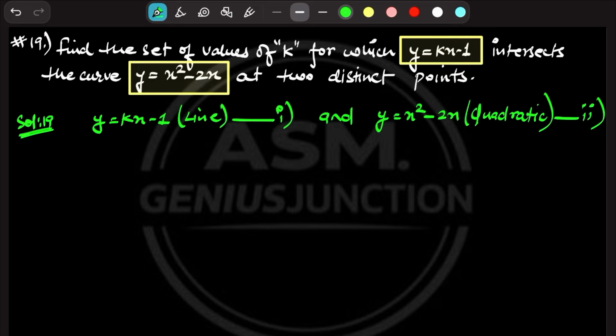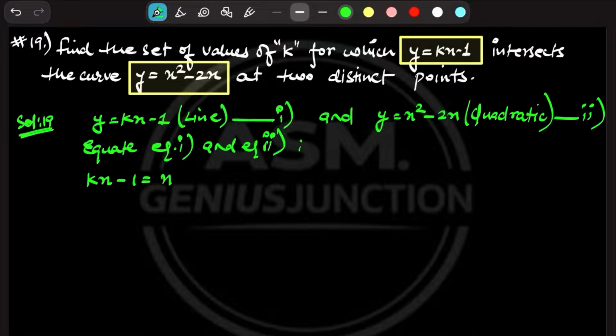So the strategy says to equate equation 1 and equation 2, right? So when I equate both of them, I will get kx minus 1 equals x square minus 2x. When I shift the terms to one side, we will get a quadratic equation as x square minus x plus 2x plus 1 equals 0.